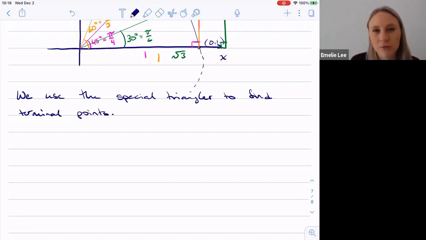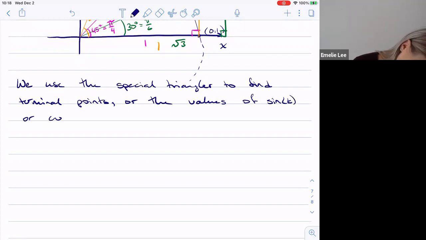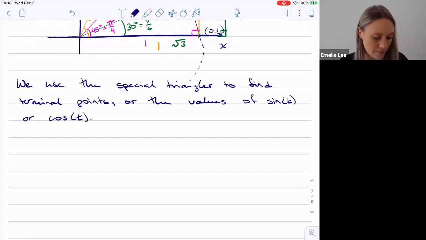Or if you prefer, the values of sine and cosine, or the values of sine t or cos t. Okay. All right.